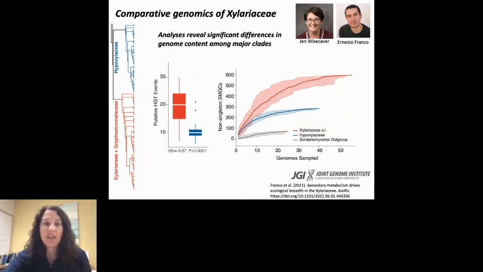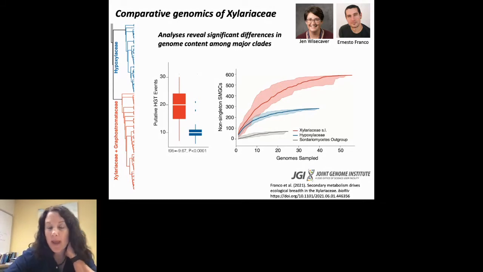Here we're showing non-singleton secondary metabolite gene clusters, a significant increase in Xylariaceae compared to the Hypoxylaceae. The gray line at the bottom is the Sordariomycetes outgroup. This high secondary metabolite gene cluster richness exceeds that of fungi that are well known for their bioactivity, such as Aspergillus and Penicillium.